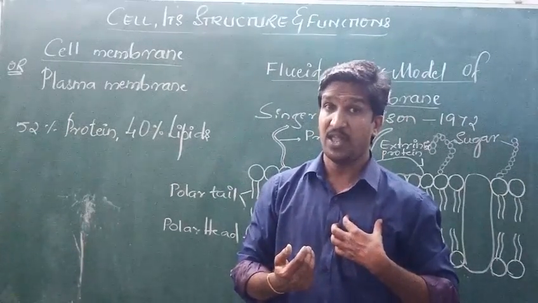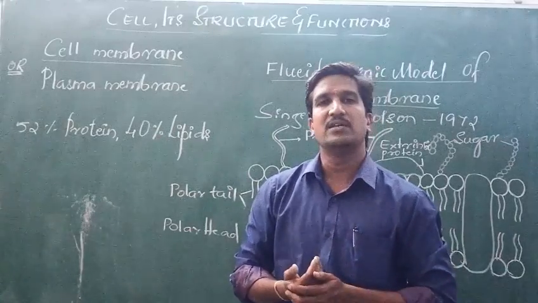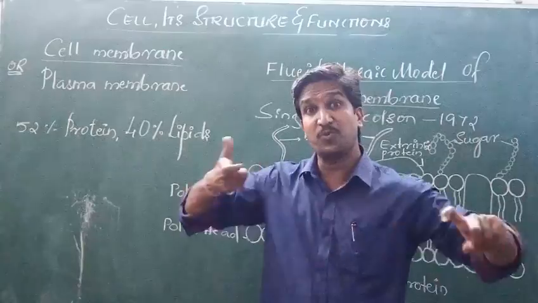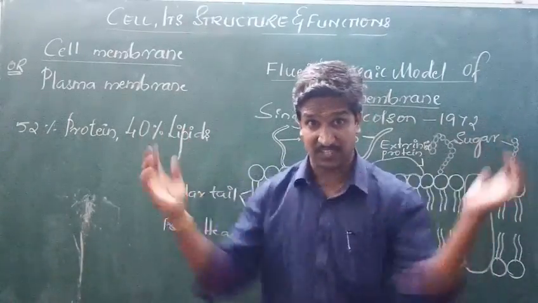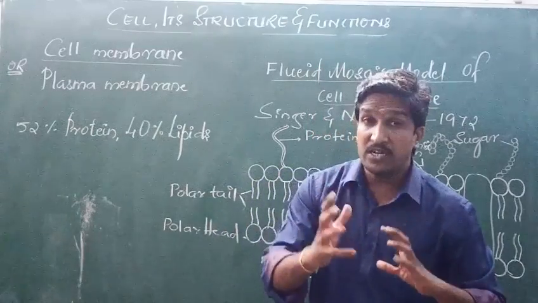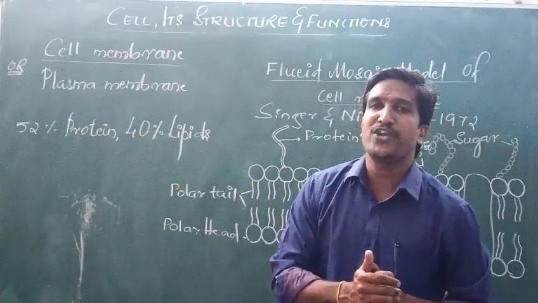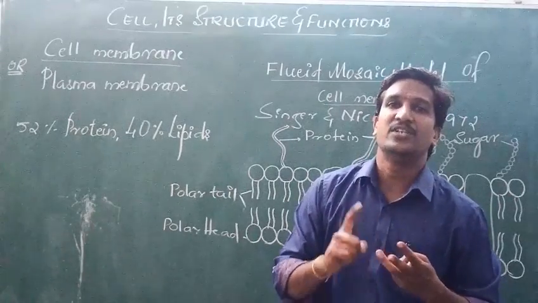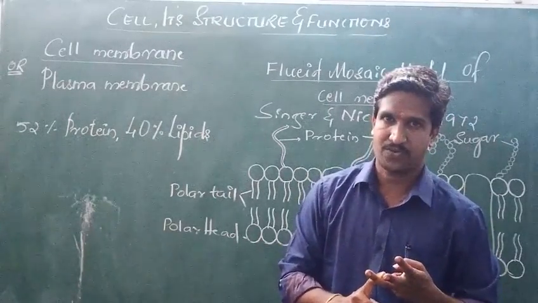Heart, you know very well, cardiac muscles, the lipids are less compared to the protein. The collagen proteins are more, that is why contract and relax. So the organ-dependent availability of protein and fat, along with carbohydrates, minerals, nutrients, right?